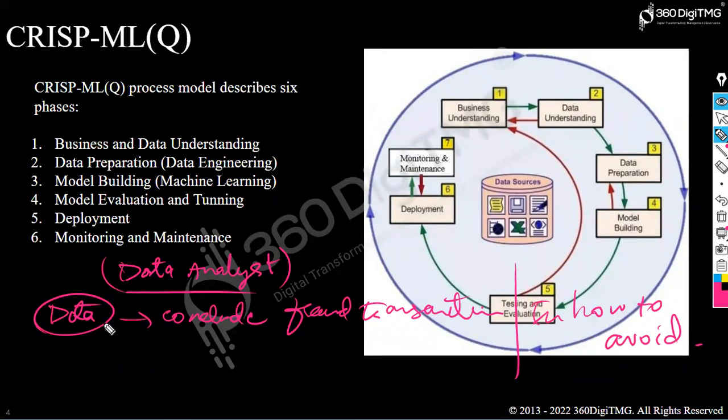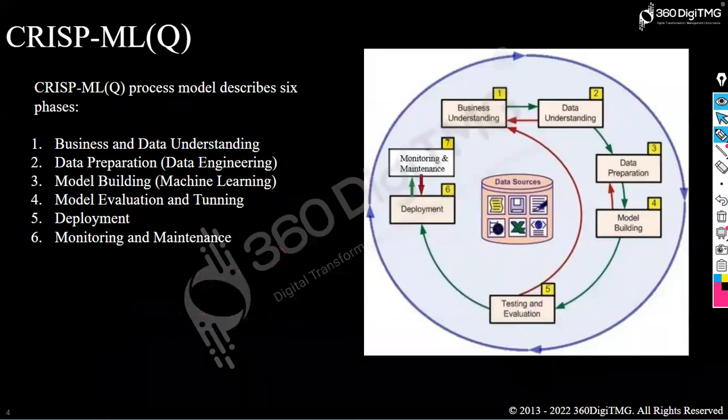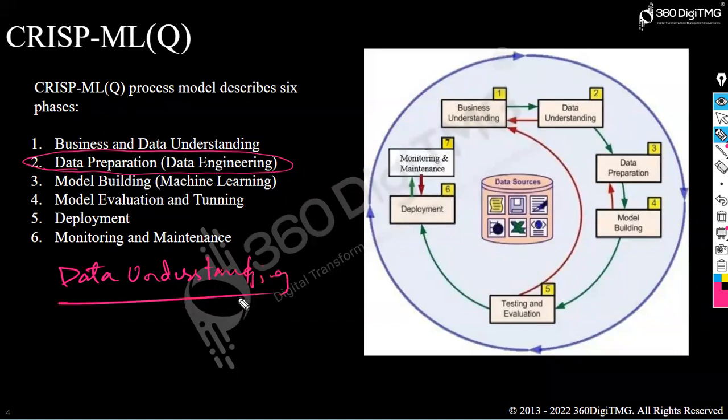Now, after giving the data to me, the process will start with the data analyst understanding the data. We need to understand the data, whether it is of different types, categorical, continuous, discrete, univariate or multivariate.